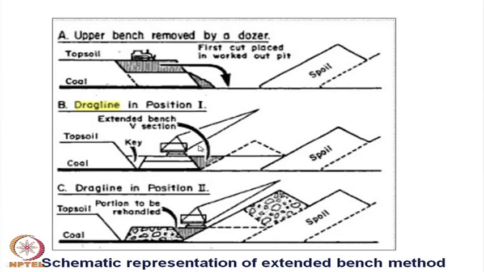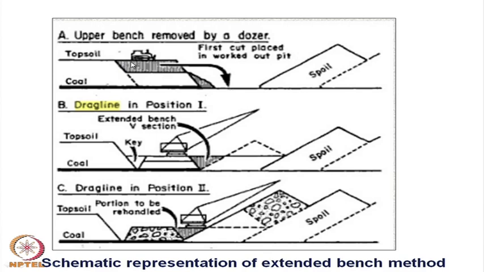Now, you can see here in the extended bench method, we have the topsoil layer, and here is the coal seam. So, the dozer is taking up this material and pushing it over here.